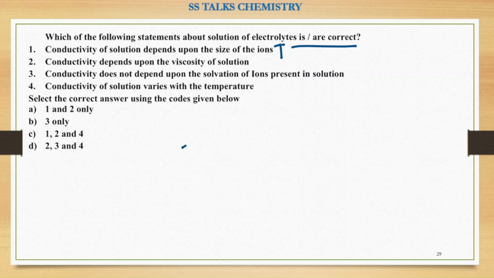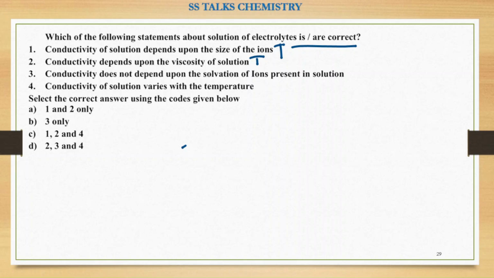Next, conductivity depends upon the viscosity of the solution. Again, it is true. That is, suppose you take one of the ions in one of the solvents, suppose water, and the next time you take the same cationic species in some other solvent, suppose CCl4, the conductivity value is going to vary. Right?